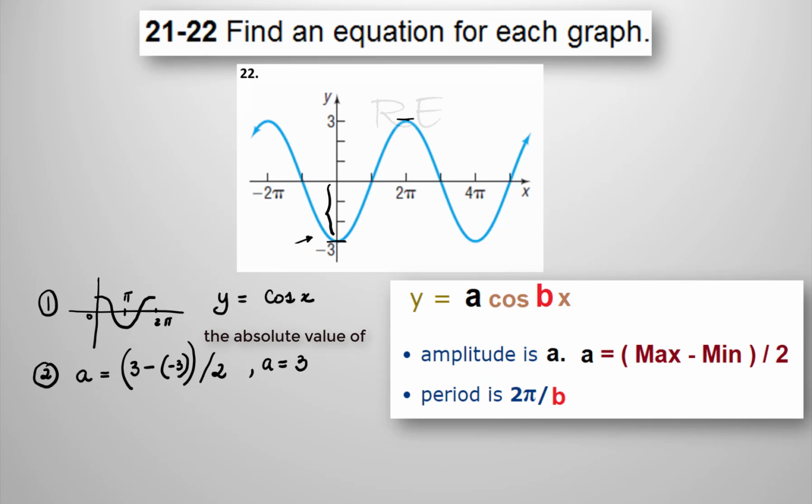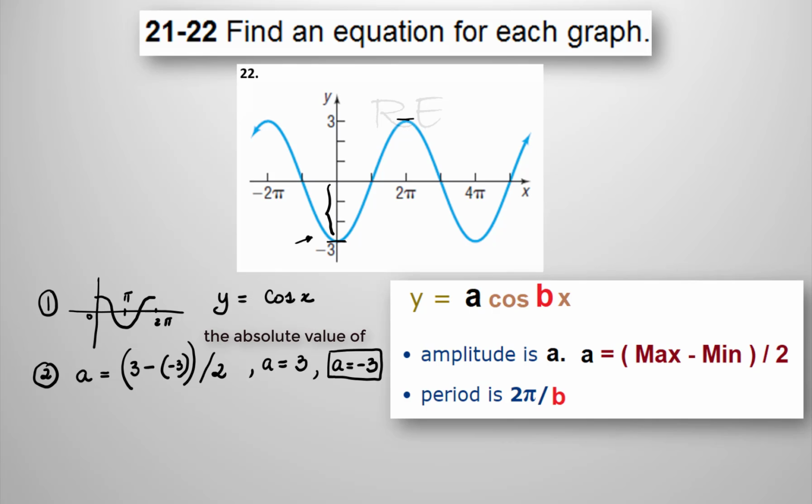Now, the highest distance from the axis to the curve is 3, but the graph is inverted. So a is equal to negative 3.